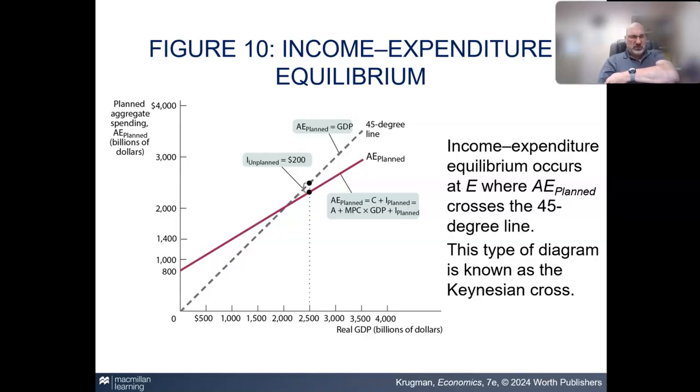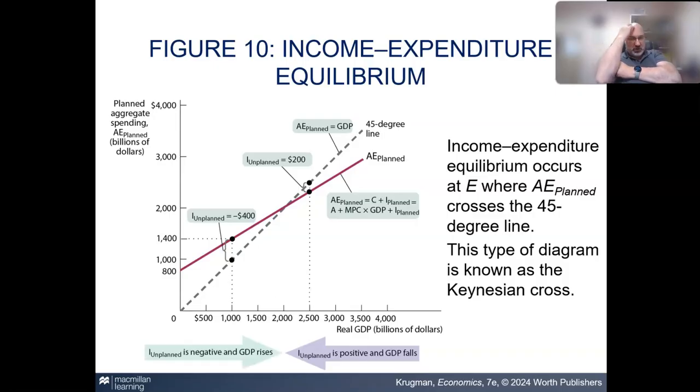At that level of 2,500 real GDP, I have unplanned investment of 200 because that's that gap. And here at 1,000, I have unplanned investment of negative 400.